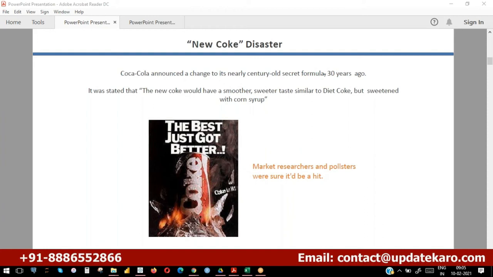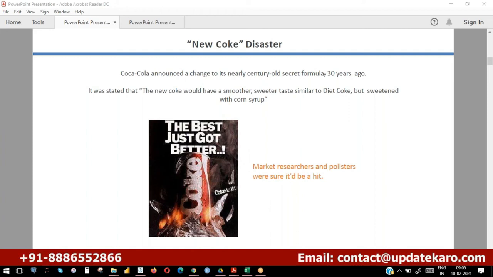Coca-Cola company announced a change to its nearly century-old secret formula 30 years ago. It was stated that the new Coke would have a smoother, sweeter taste, similar to Diet Coke, but sweetened with corn syrup.